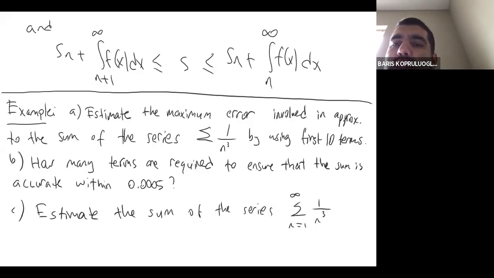And part C, estimate the sum of the series 1 over n cubed. So you will need a calculator to solve this problem because it involves a lot of calculations with decimal numbers. So let's start with part A.